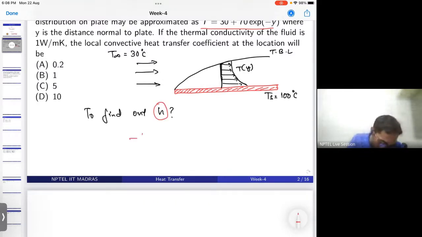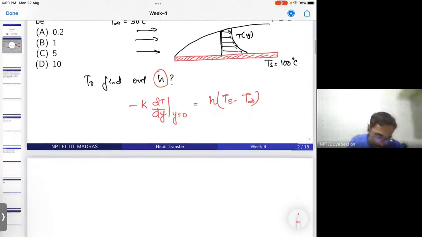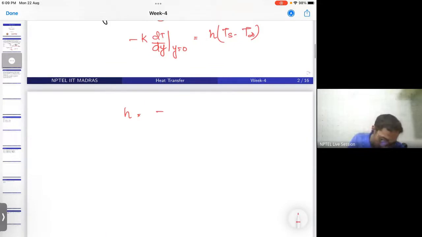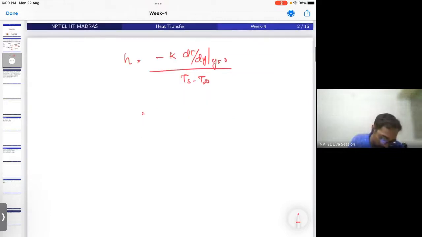So minus k dT by dy at y equal to 0 should be equal to h times Ts minus T infinity. This is the energy balance. So h is minus k dT by dy at y equal to 0 divided by Ts minus T infinity. First we have to find dT by dy.